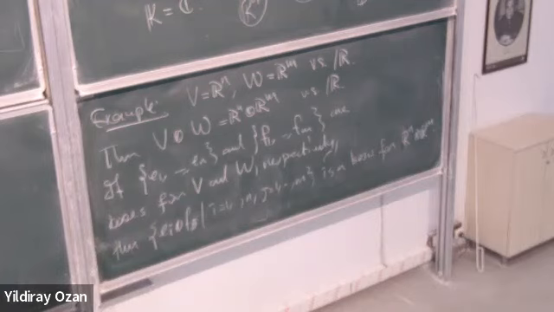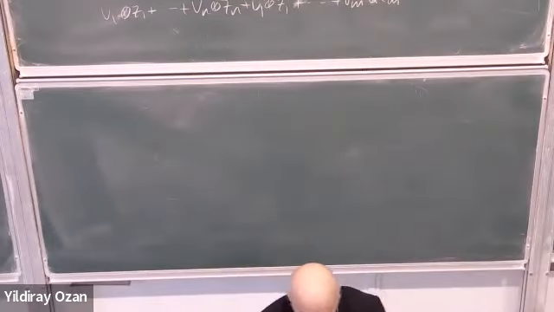V and W can be any vector spaces. As long as these are bases, then these elements will be a spanning set. So it is not something that's special to these vector spaces. Okay.